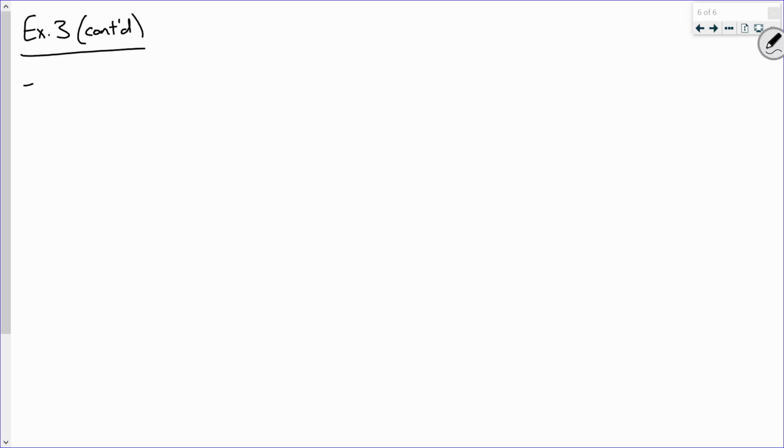All right. So now let's go for our cross section. What do we know? We know that the moment of inertia is 184.9 inches to the fourth.